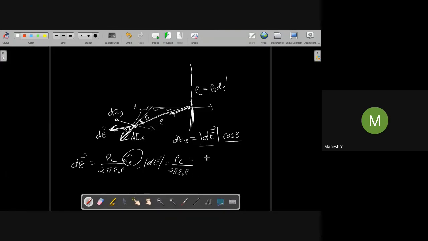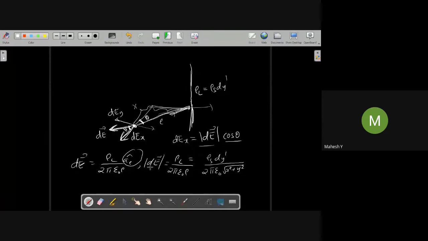Now, can anybody substitute the values? Rho L is rho S dy prime, divided by 2 pi epsilon 0 rho. What is rho? We discussed this one. If this is the right angle triangle, this distance is the square root of x square plus y prime square.